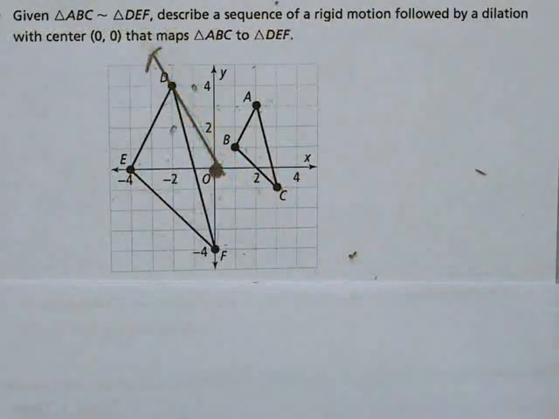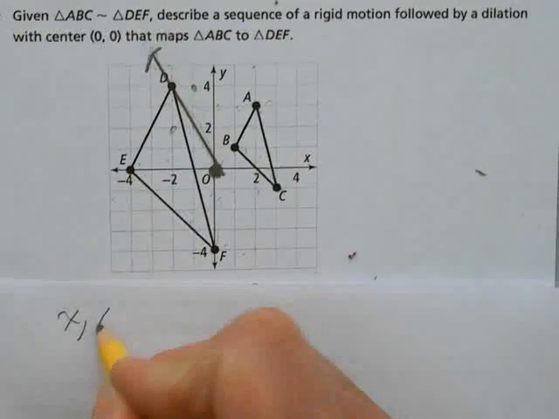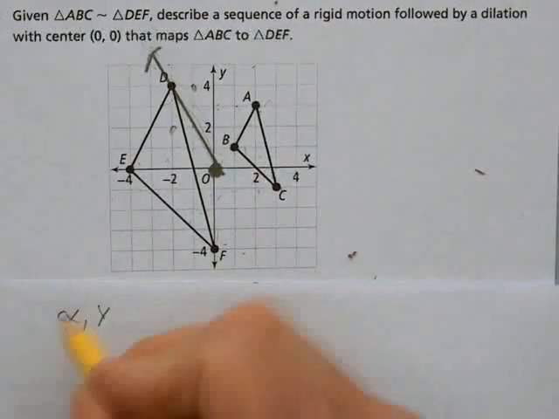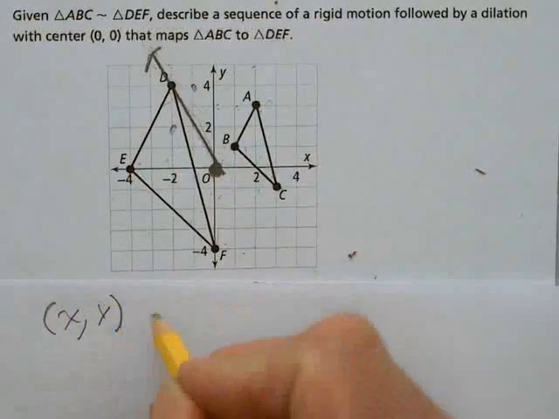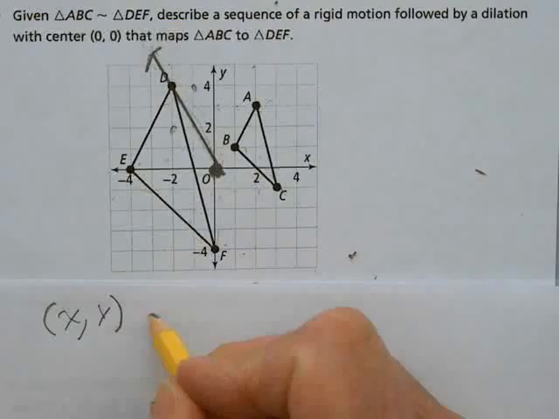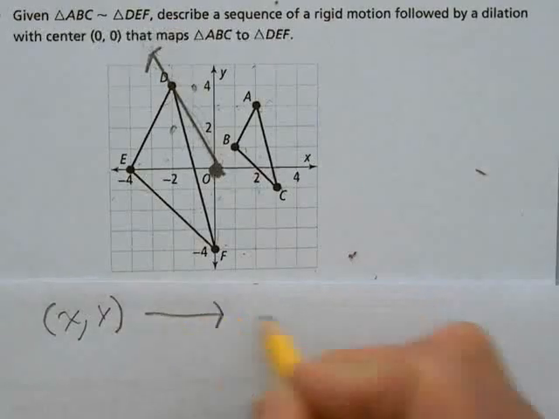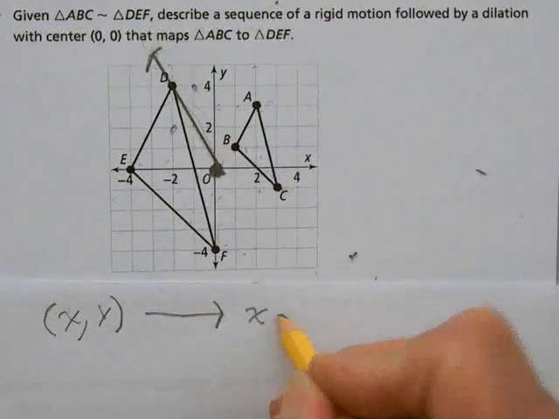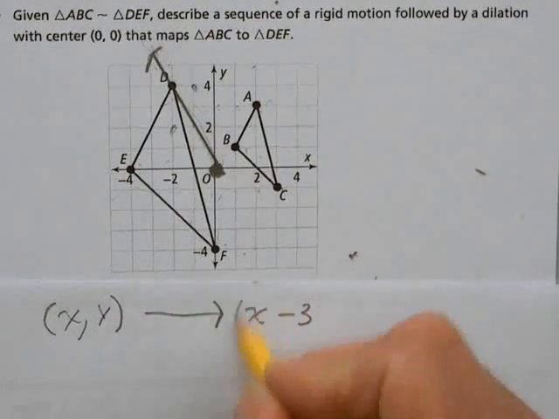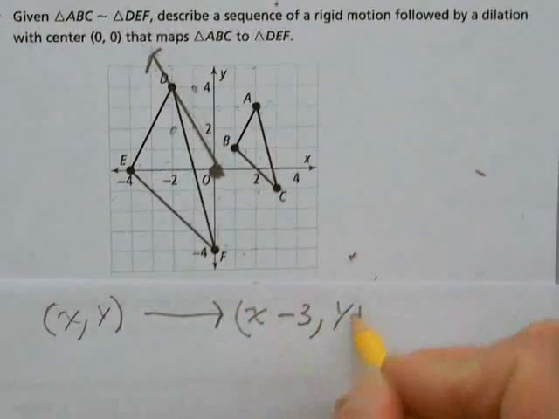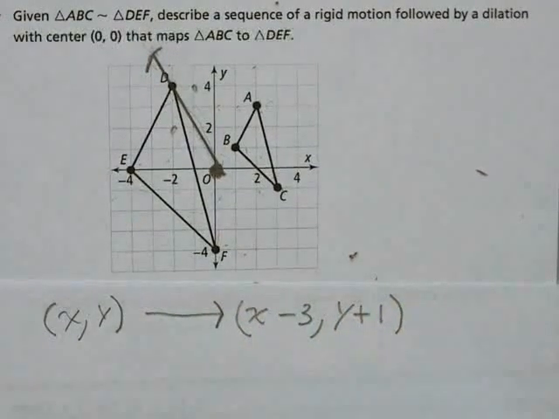So I am saying that the transformation for x, y here would be x minus 3, y plus 1. That would be my translation.